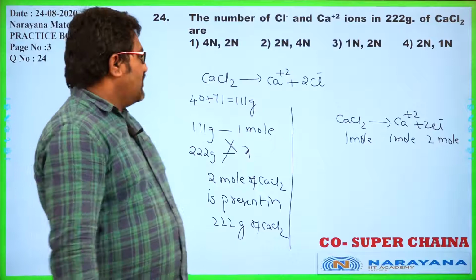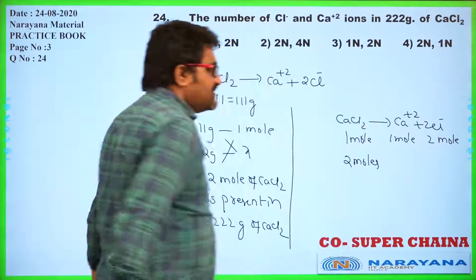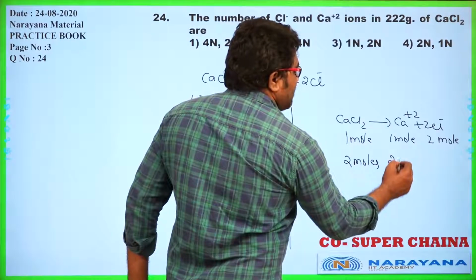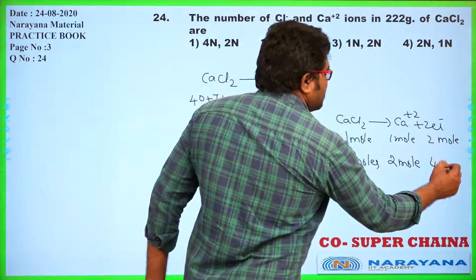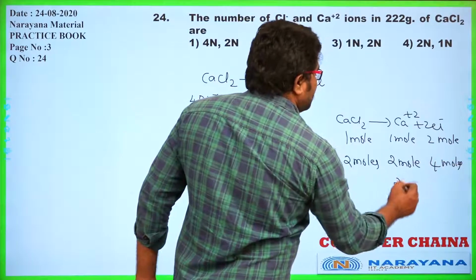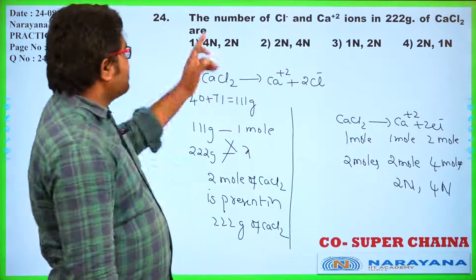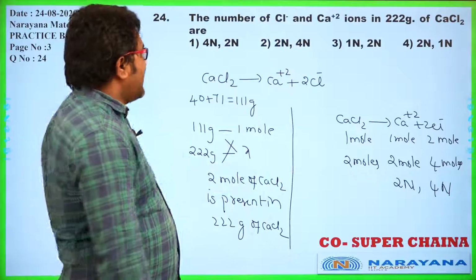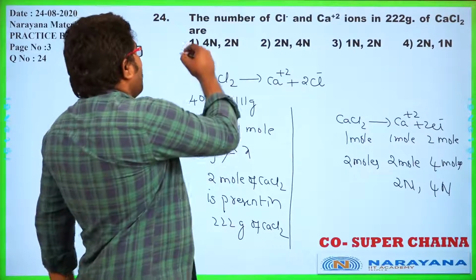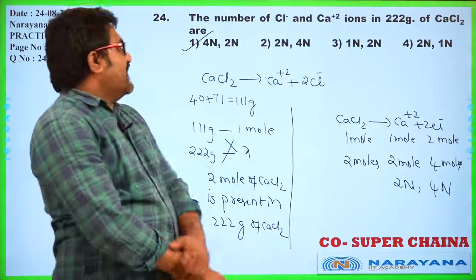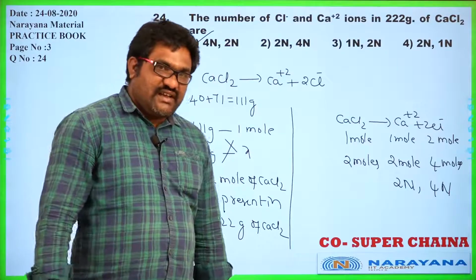As a whole, if you take 2 moles of this compound and it completely dissociates, you get 2 moles of calcium ions, the same number of moles as the calcium chloride, and 4 moles of chloride ions. So 2 into Avogadro number of calcium ions, and 4 into Avogadro number of chloride ions. So among the given options, the first option is the correct one. Okay, let us go for the next question.